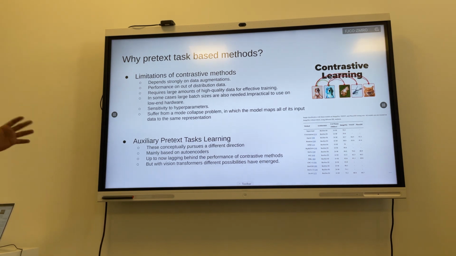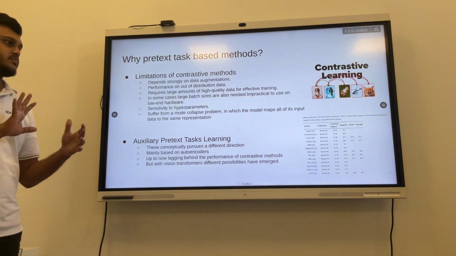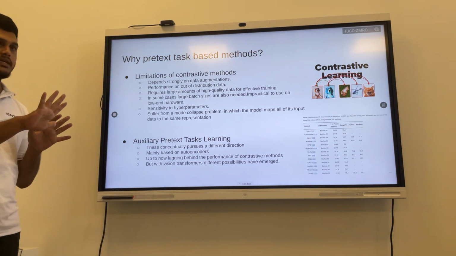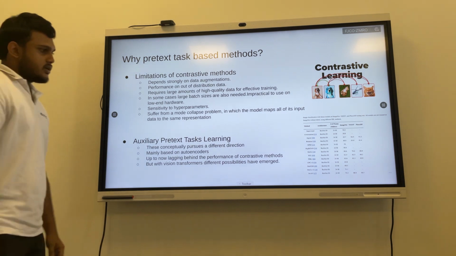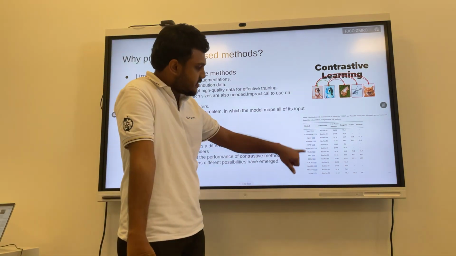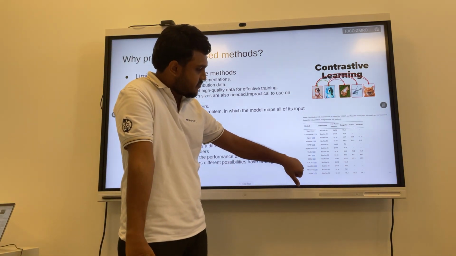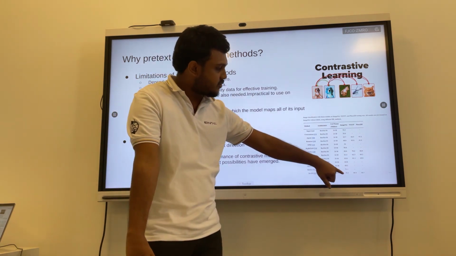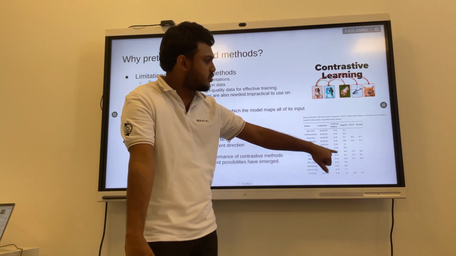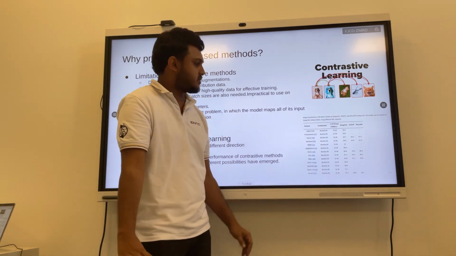So as we saw, pretext task based methods pursue a totally different direction, and they are mainly based on autoencoders. But now when we look at the results, these are contrastive based methods and these are pretext task based methods, and you can see the accuracy is much lower for pretext task based methods.